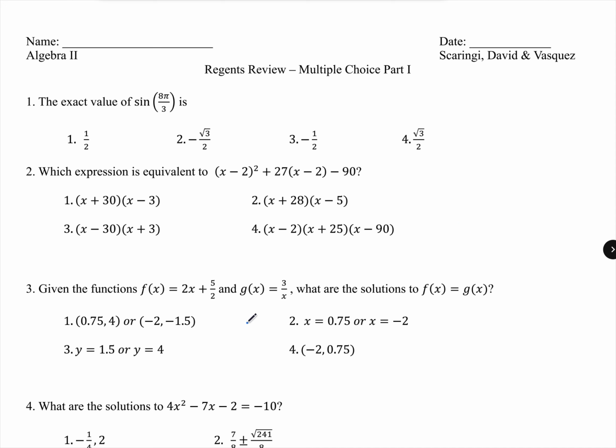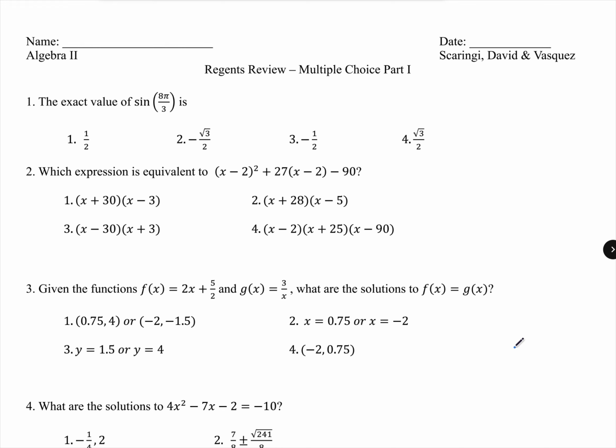Jumping down to number 3, these are questions where, and I feel like there's one of these on every Regents, you have a function f of x equals 2x plus 5 over 2, and also g of x equals 3 over x. We could set these equal to each other and solve for x, but you can also use your calculator. So if I go into my calculator and plot 2x plus, make it into a fraction, 5 over 2, and then on the bottom, I'm just making this into a fraction, and it's going to be 3 over x.